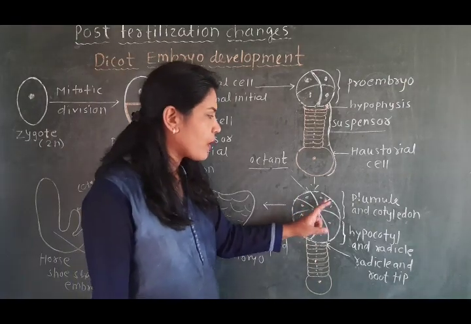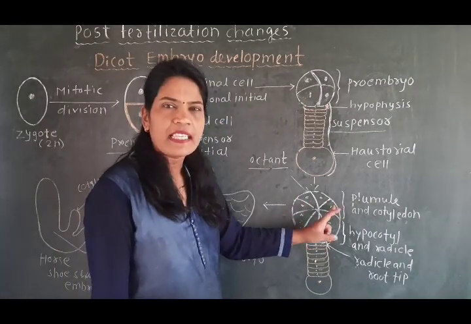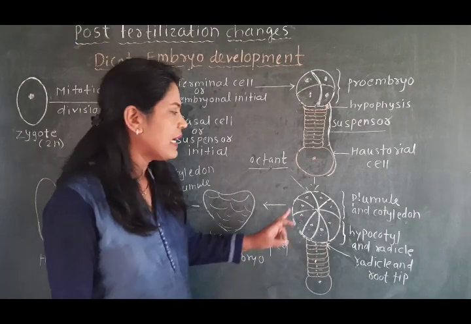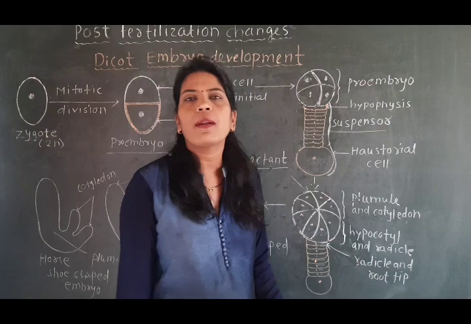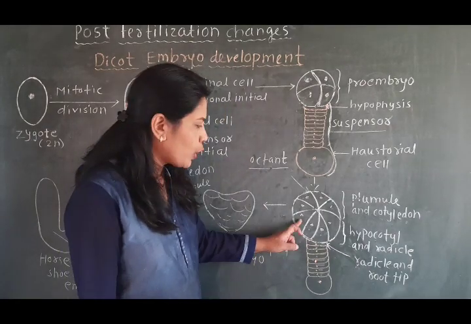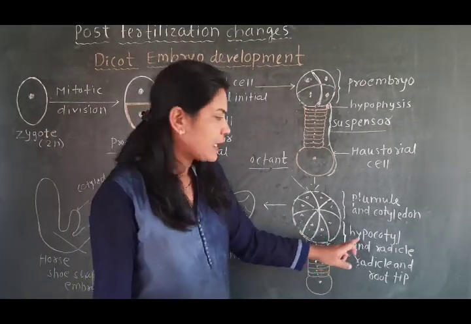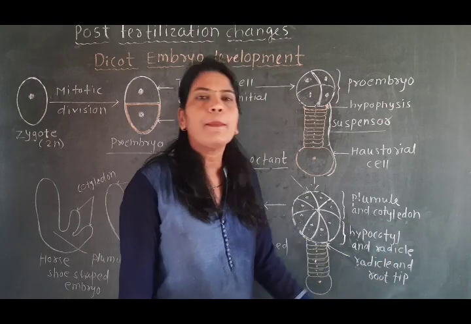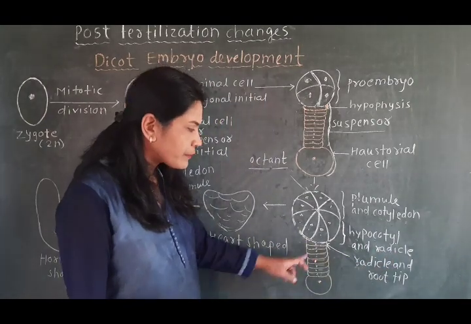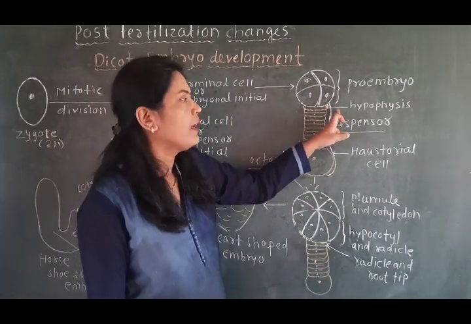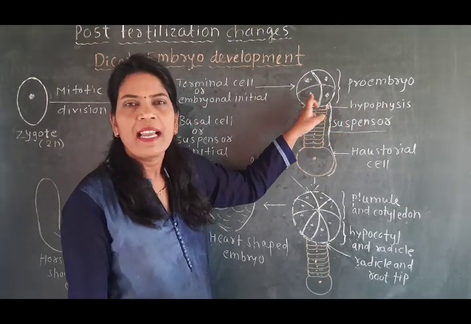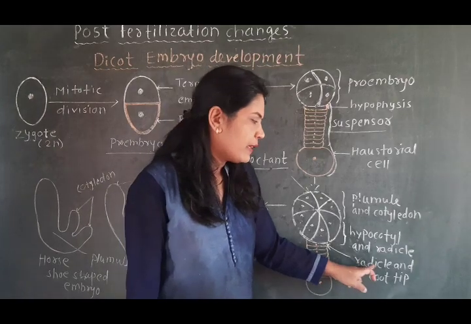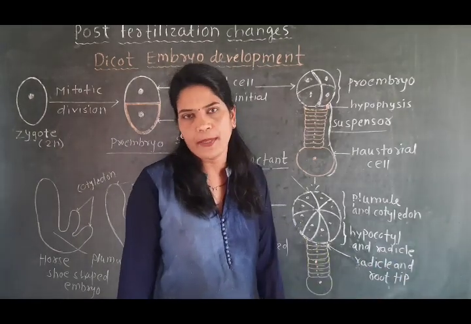Out of the 8 cells of the octant, the upper 4 cells form the plumule and cotyledon part of the plant. The lower 4 cells form the hypocotyl and radicle part. The hypophysis, the lowermost cell of the suspensor near the embryo, again divides and forms the radicle and the root tip.